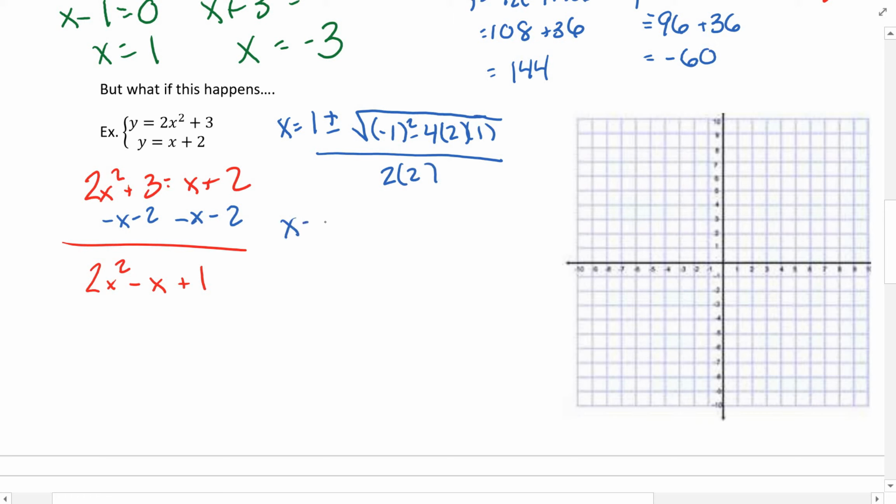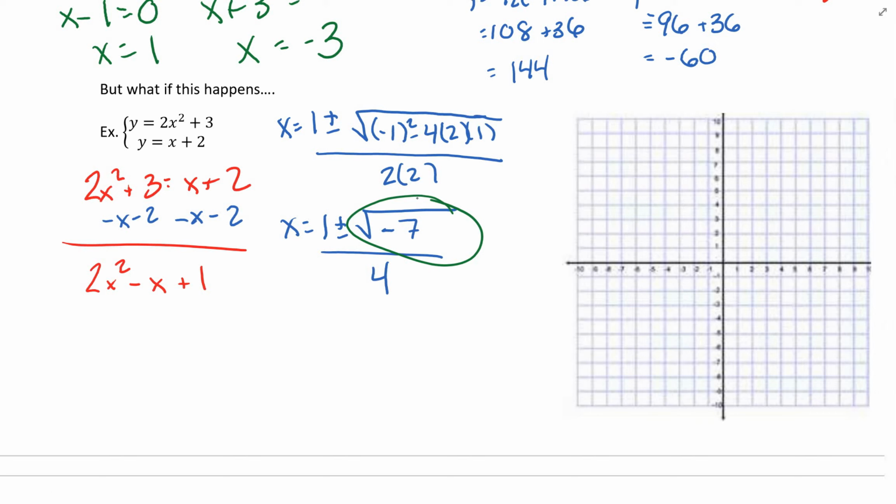So I have x equals 1 plus or minus the square root of, well, this is 1 minus 8. 1 minus 8 is, well, negative 7. Now, let me ask you this, and this is as far as I'm going with this problem. Is there a number, and I'm looking at the square root right now, that multiplies by itself to get a negative 7?